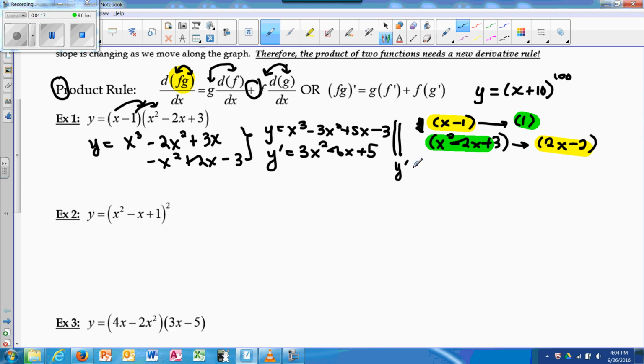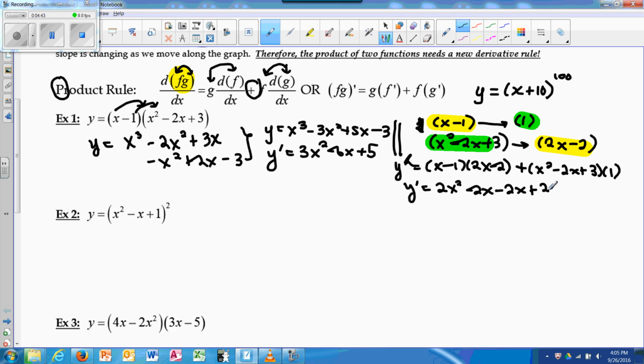So that makes my derivative x minus 1 times the quantity 2x minus 2 plus x squared minus 2x plus 3 times the quantity 1. So my simplified derivative would be 2x squared minus 2x minus 2x plus 2, and then multiplying 1 would just give us the second term, x squared minus 2x plus 3.